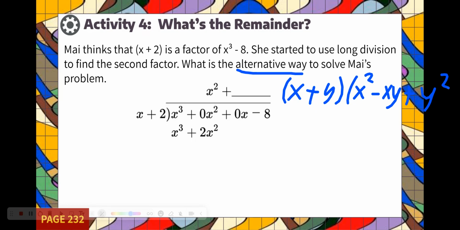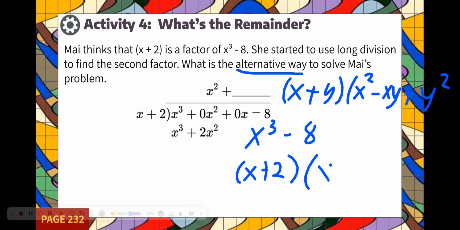If you use that, x cubed minus 8 becomes x plus 2, sorry, times x squared minus 2x plus 4. That's the alternative way.